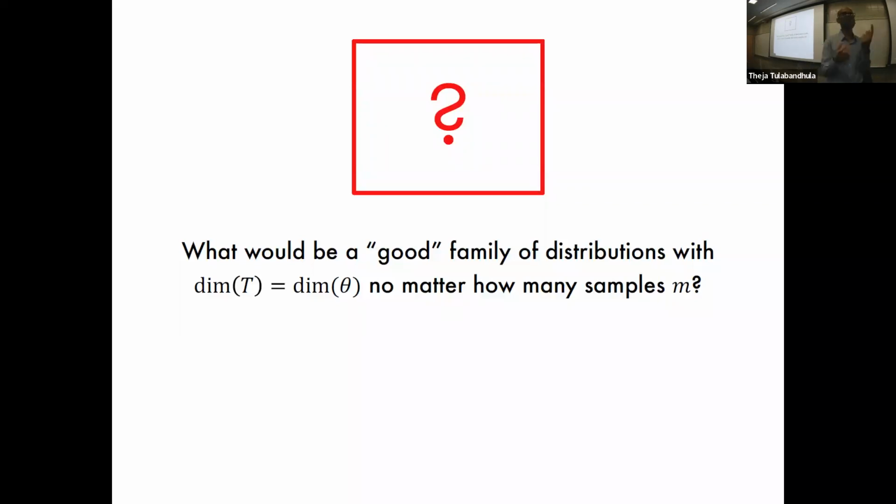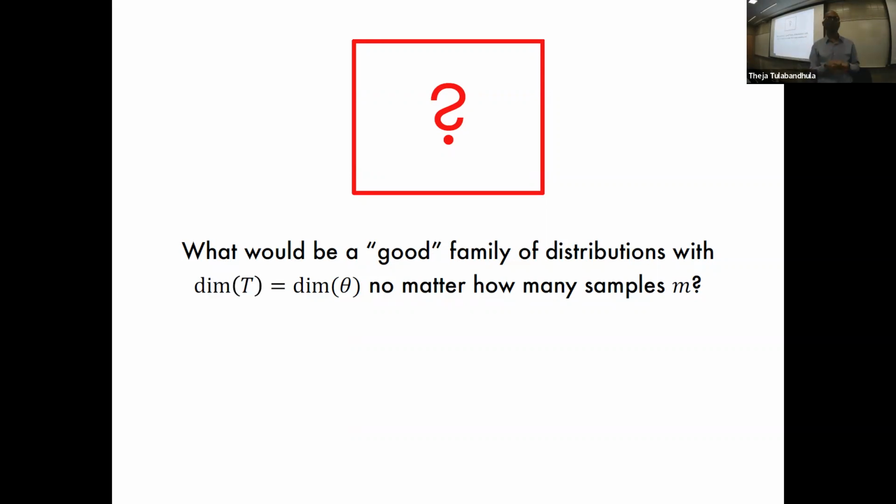For Bernoulli there was only one parameter, so we didn't care. But think of the normal distribution. There are typically two parameters, the mean and the variance. Some distributions could have more parameters. There are distributions for which the number of sufficient statistics is the same as the number of parameters, no matter how many samples you have.